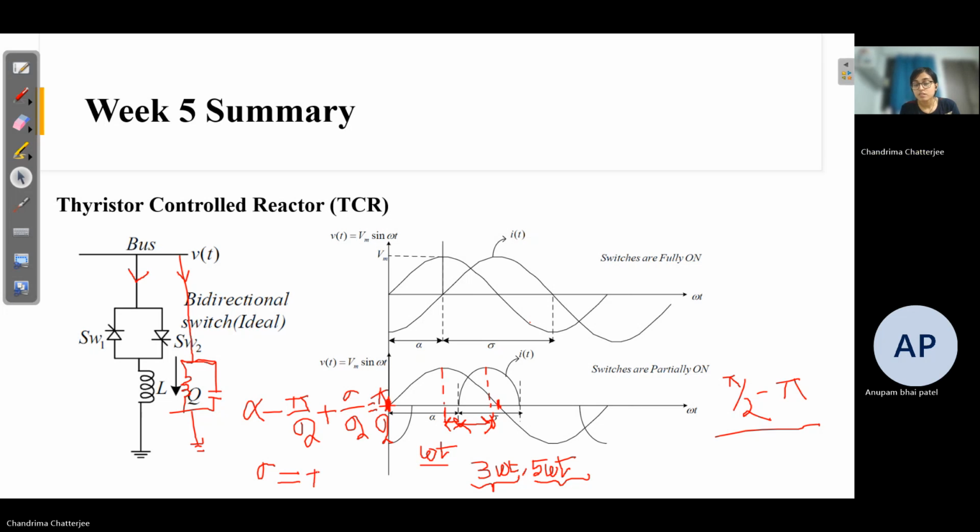Then what will be sigma? Sorry, I made some mistake. So basically we will derive it like this.